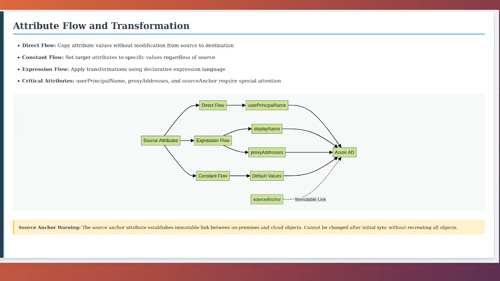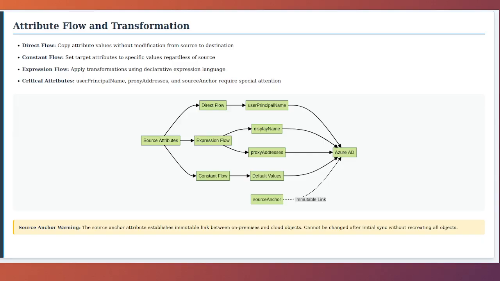Some attributes require careful consideration due to their importance in Azure AD. The user principal name attribute serves as the primary username for authentication and must be a unique, routable email address format. Many organizations synchronize the on-premises UPN directly, but this only works if your on-premises UPN suffix matches a verified domain in Azure AD.